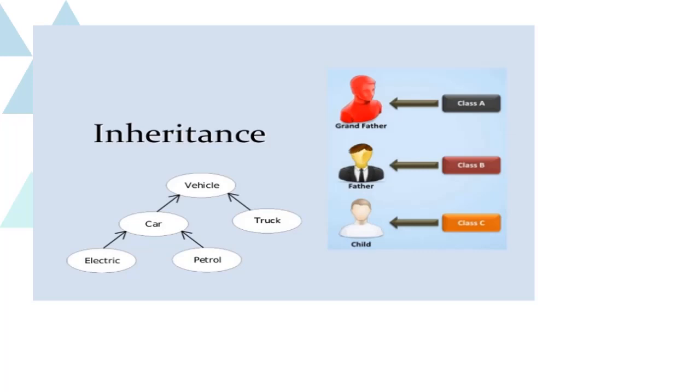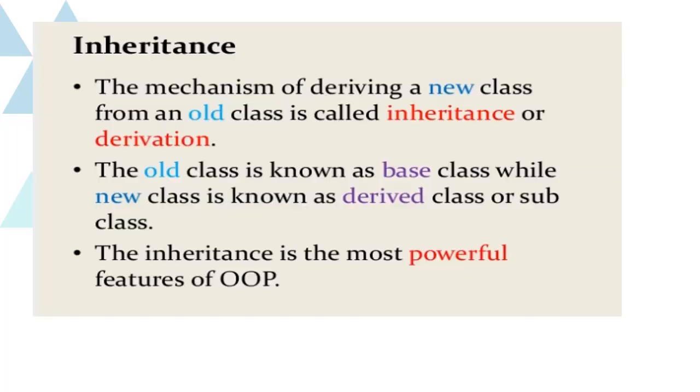The existing class is called a parent class, superclass or base class. Inheritance is the process by which one object acquires the properties of another object. The mechanism of deriving a new class from an old class is called inheritance or derivation. The old class is known as the base class while the new class is known as the derived class or subclass.